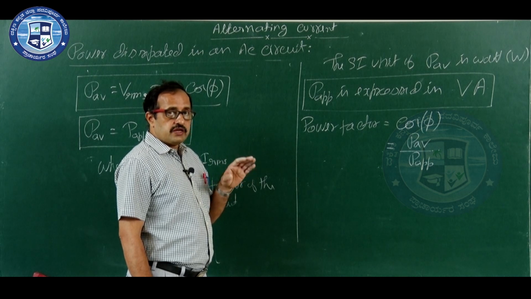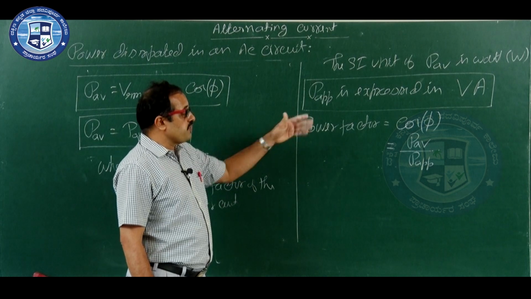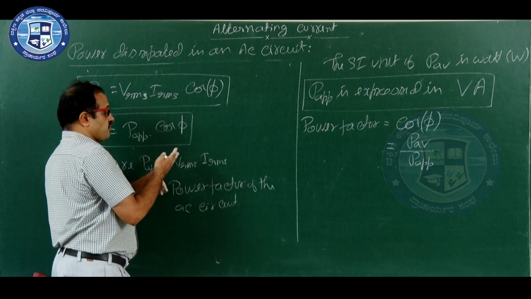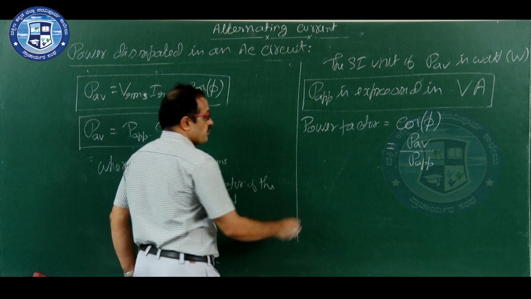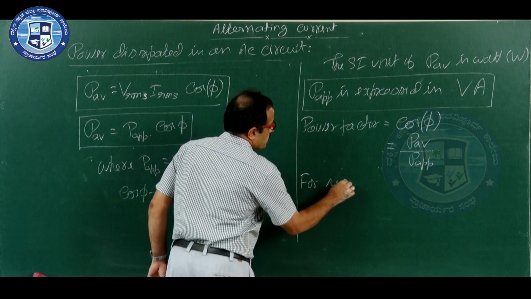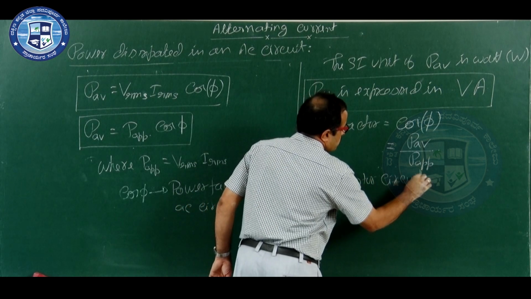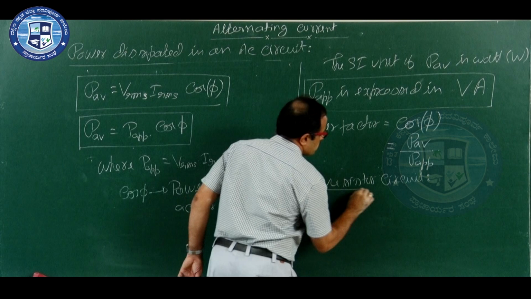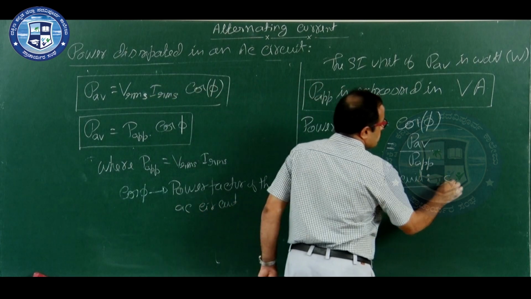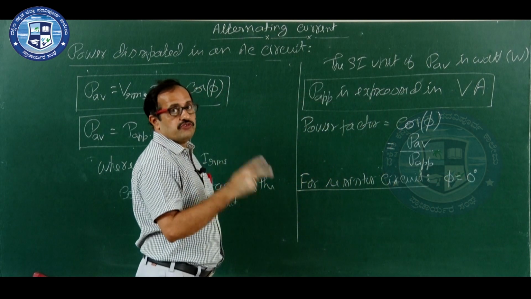Now, if you take a resistor circuit, inductor and capacitor, then we know the phase difference between current and voltage, and we can simplify this formula in the case of resistor, capacitor and inductor. So, for resistor circuit, phi is 0 degree, means current and voltage are in phase.